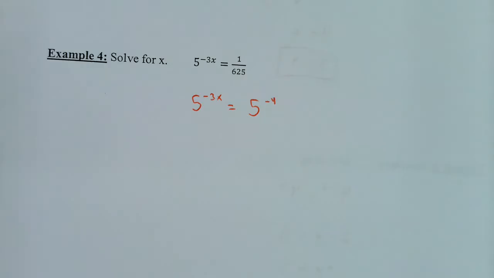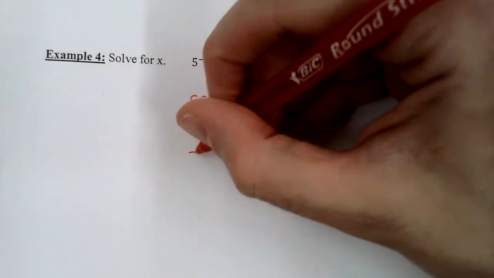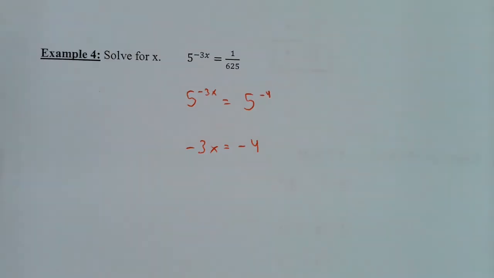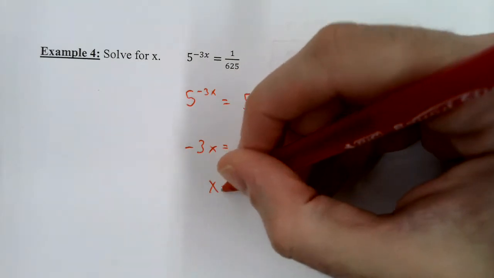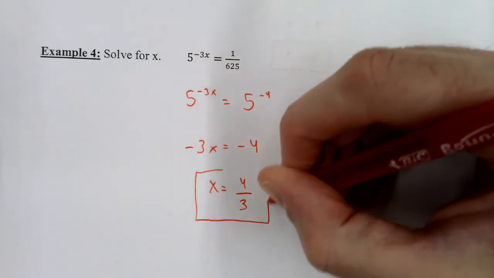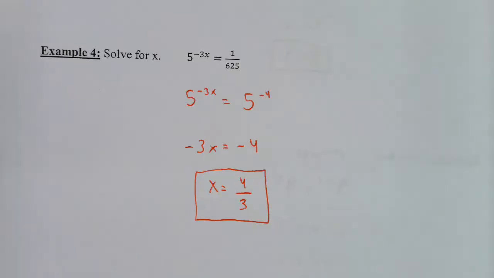Okay? 5 to the 4th power is 625, so 5 to the negative 4th power is 1 over 625. And now each side of the equation has the same base. Just set the exponents equal to each other and solve. x equals 4/3.